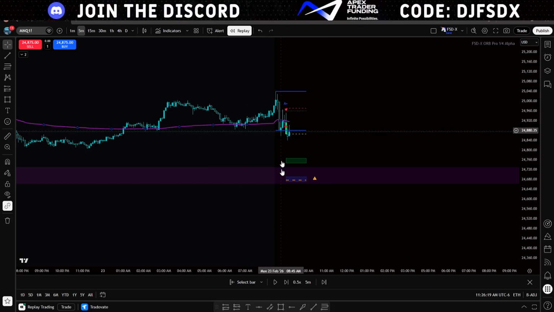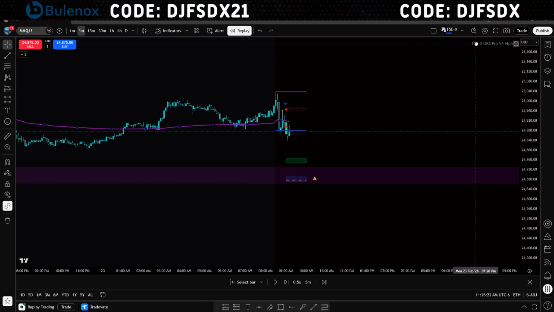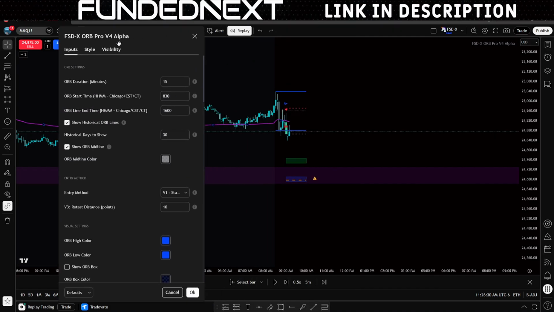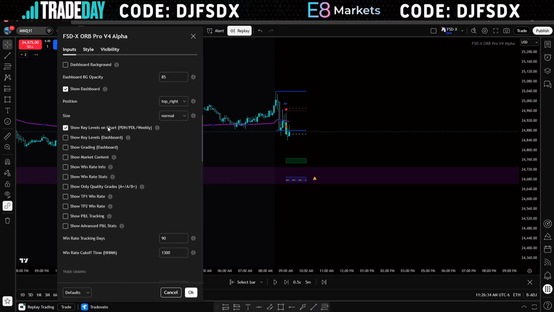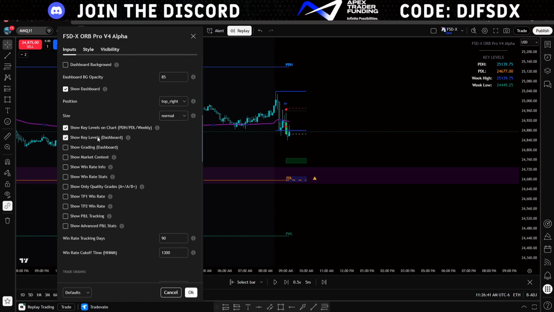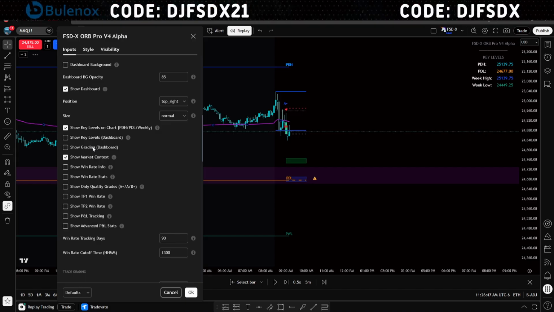Otherwise, you can get this on your chart just like that. Or if you just wanted the market context to see what's going on, just the lines and the levels, you can do that. Or if you wanted the market context without the grading, you can do that too. You can pretty much use it however you want.